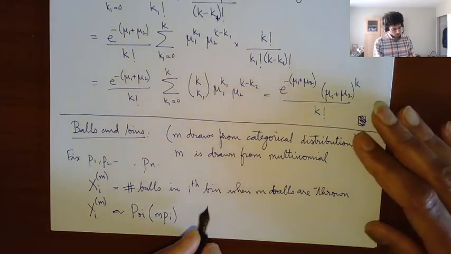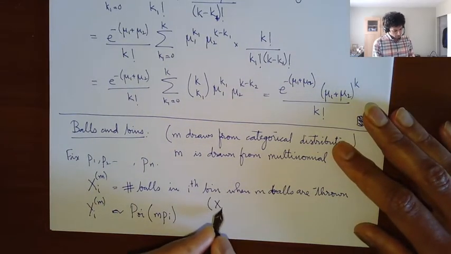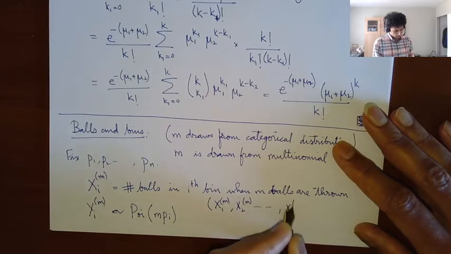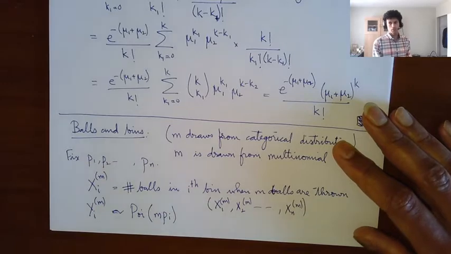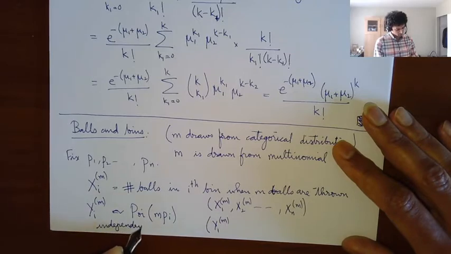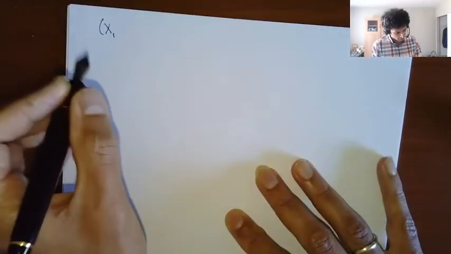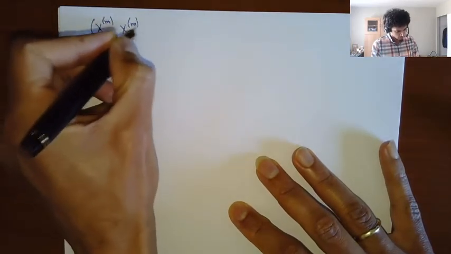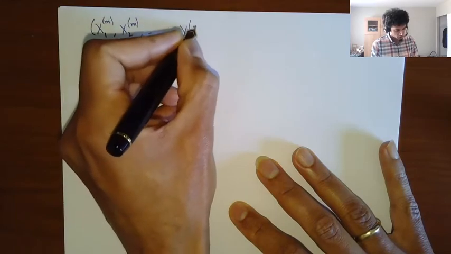And so the main question is, you have this one vector of random variables X_1(m), X_2(m), up to X_n(m), which is your balls and bins experiment. And I should say these are all independent. So the Y_i's are independent. Actually, let me write this in a separate page. So we have X_1(m), X_2(m), up to X_n(m).